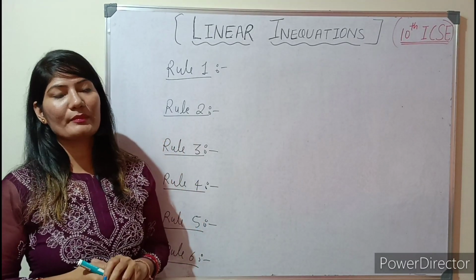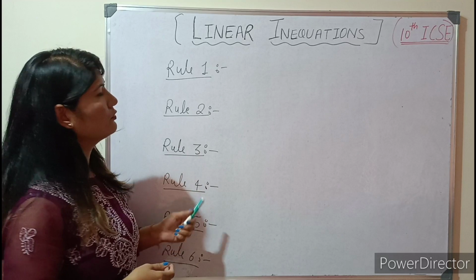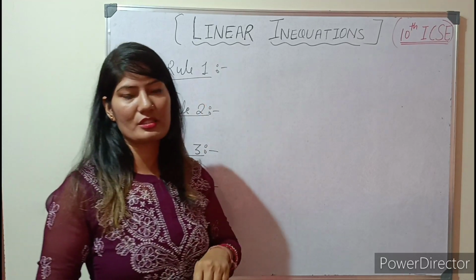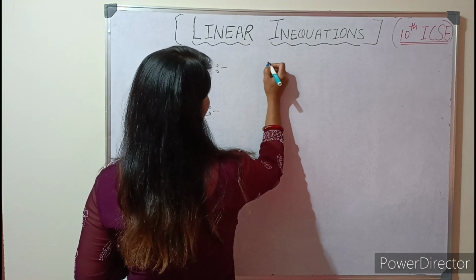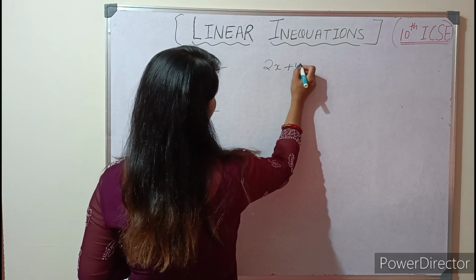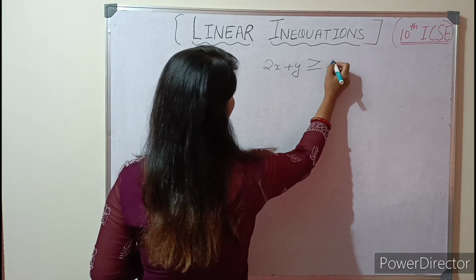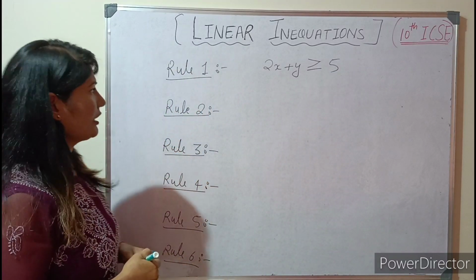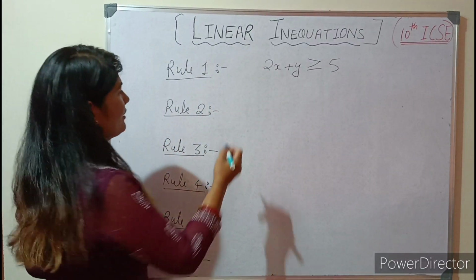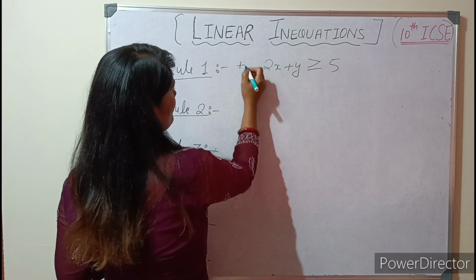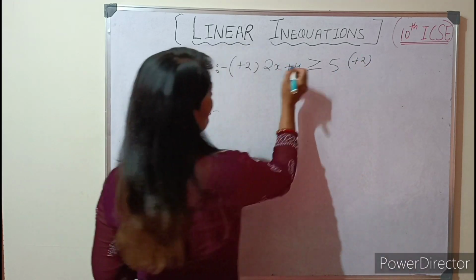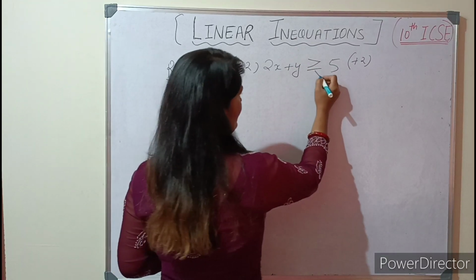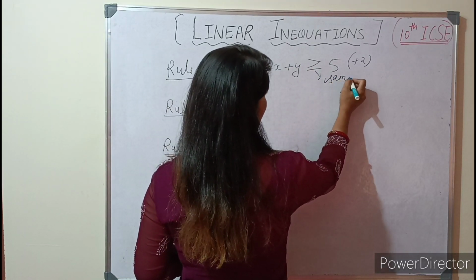So let's discuss some important rules which are very helpful in solving the linear inequations. Let's start from rule number 1. Suppose I write an equation 2x plus y is greater or equals to 5. Here rule number 1 states that if you add any positive number to both the sides, the sign will remain the same.